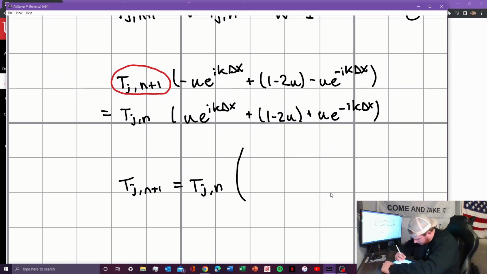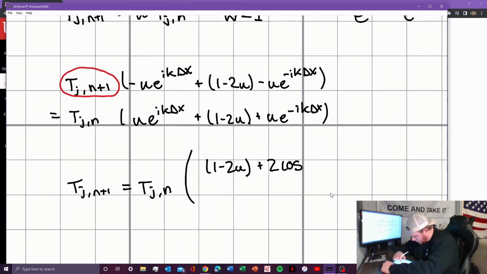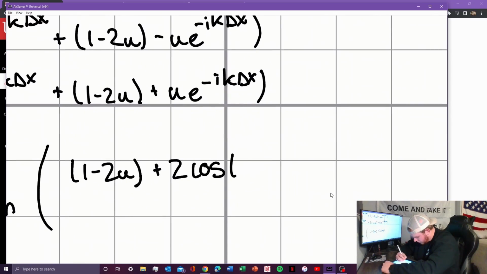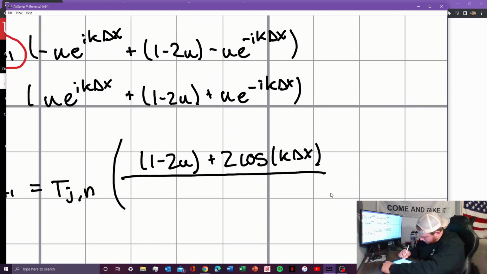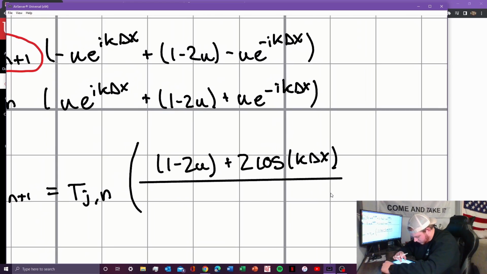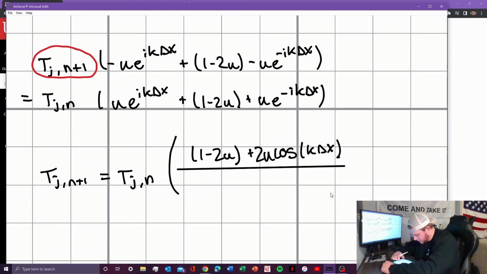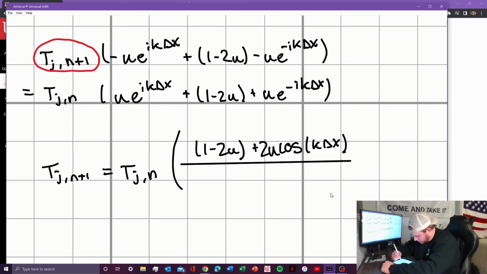Times 2u cosine k delta x, all over, and plus 2u.